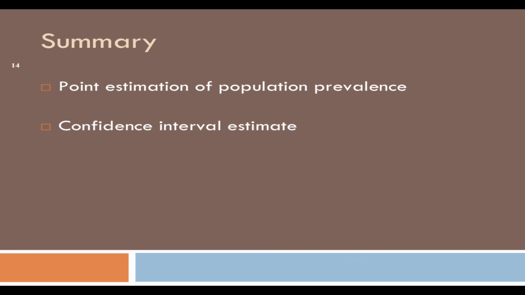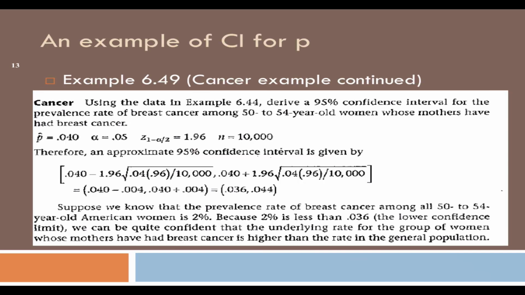And what we learned today is population prevalence. So for population prevalence, if you're interested in estimating that, your best estimator is sample prevalence. And if you are given a sufficiently large sample, basically if you're sampling 5,000 women, or enough sample to estimate the sample proportion, you can assume normal distribution by central limit theorem, and you can use the previous formula to establish the confidence interval for population prevalence.